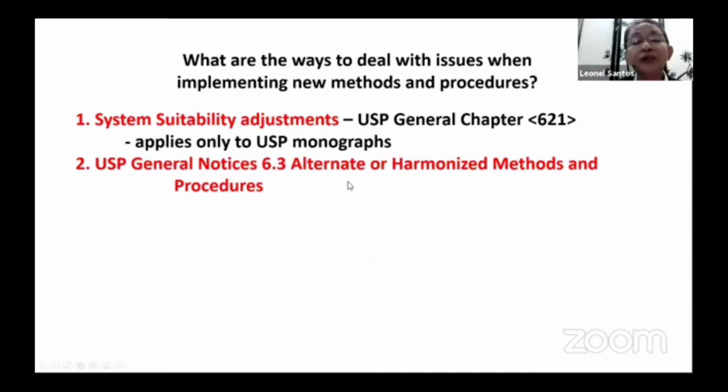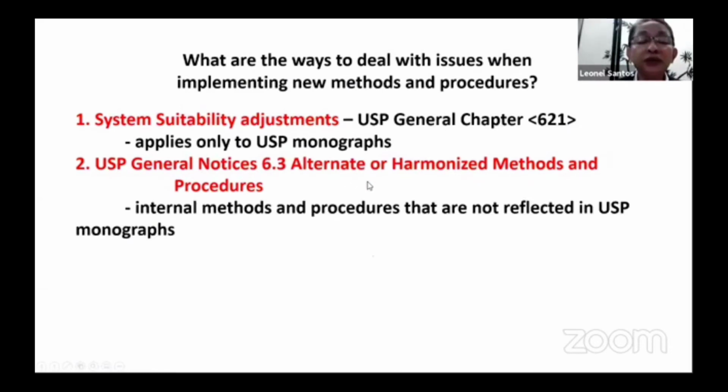But this, again, is only applicable to a USP monograph. If you're using an alternative or harmonized method, one thing you could do is make adjustments. But remember that methods not reflected in USP monographs are subject to regulatory review, so FDA can ask you questions about the validity of your method.